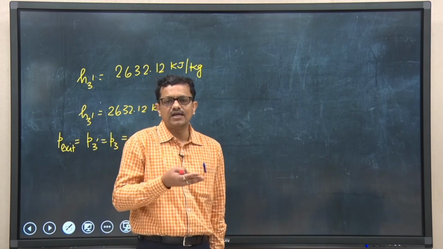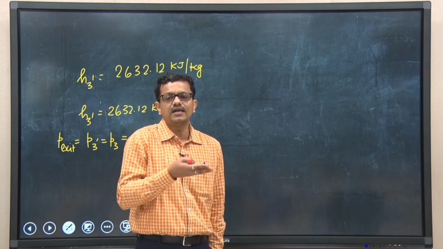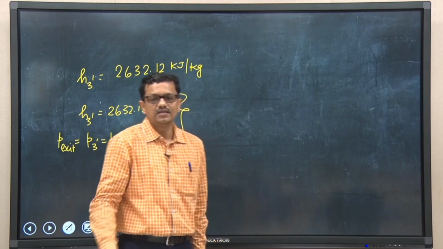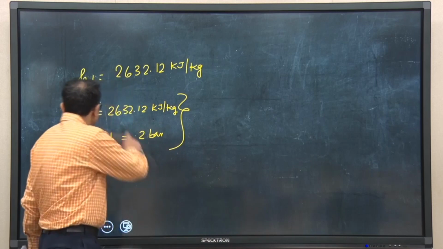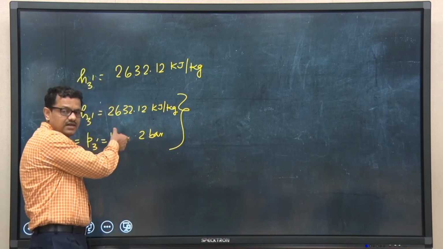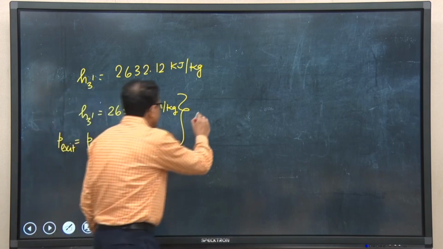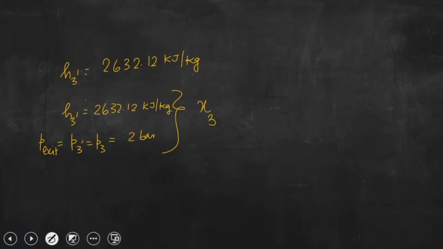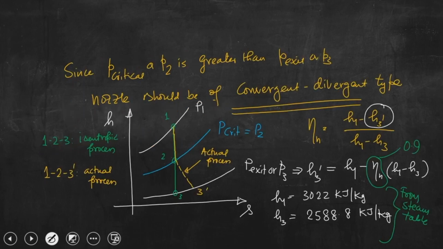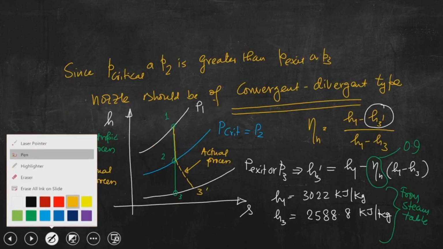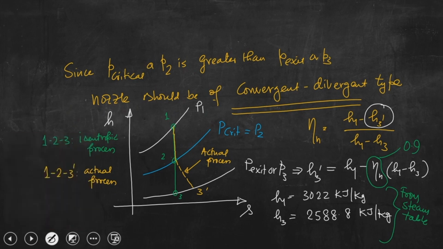So, that is the beauty of the Mollier diagram, that we can straight away directly get the quality of steam. So, corresponding to this state, by looking at the Mollier diagram, we can find out what would be the dryness fraction at point 3 prime, and that is 0.955.